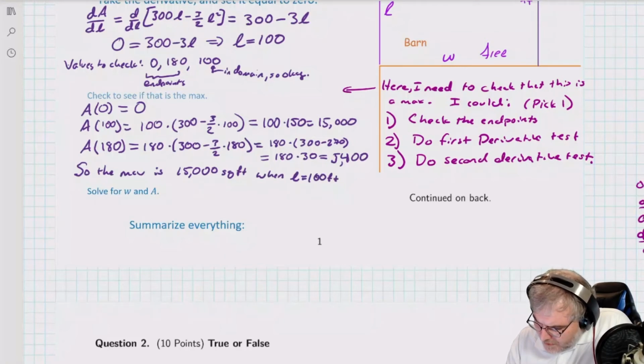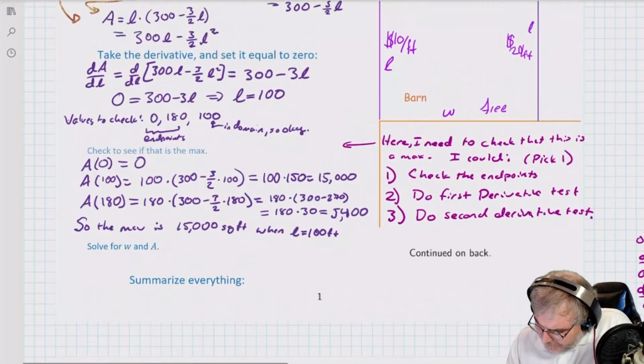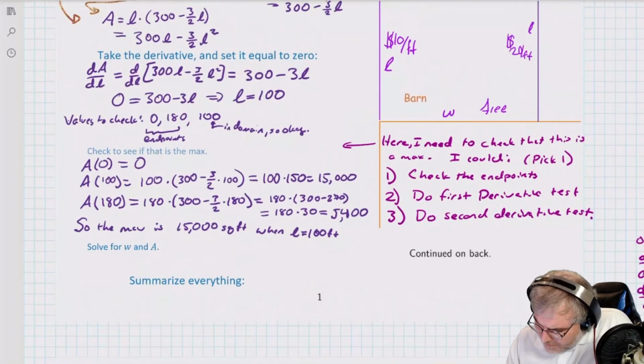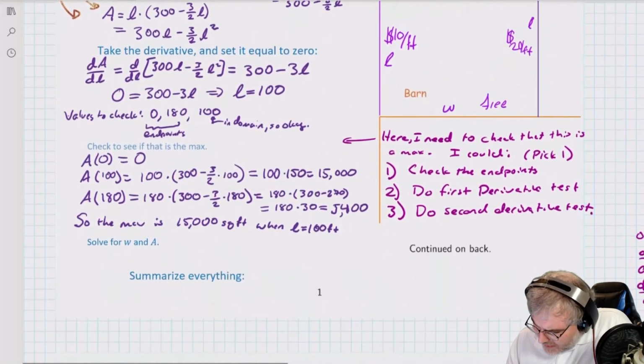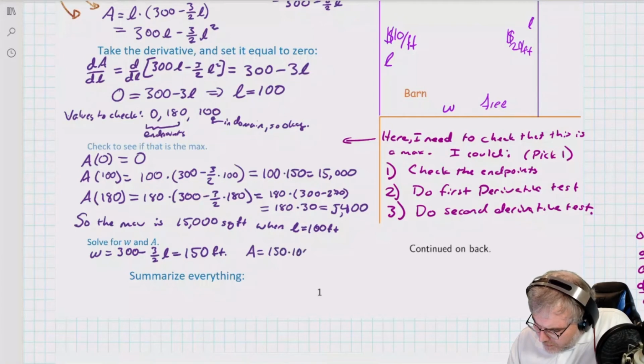Okay. So now I'm going to solve for W because it asked me to do that. So let's see, where's my W here? So my W was 300 minus 3 halves L. So that's going to be 150 feet. And then A equals 150 times 100, which equals 1, 5, and 3 zeros.